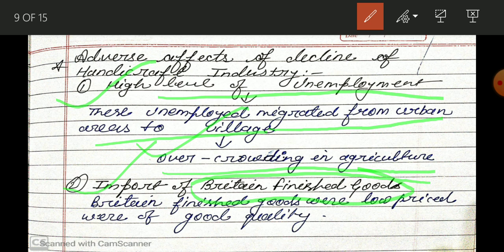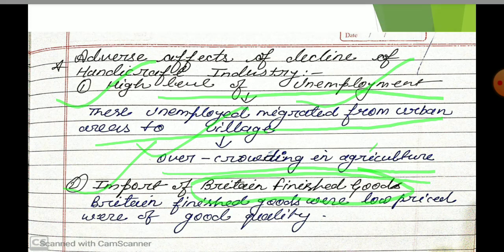First of all, industry started to close up, and because of that there is huge unemployment. Second, people started to demand British finished goods. Why? Because they are less costly, finer, and they can purchase more at the same price.